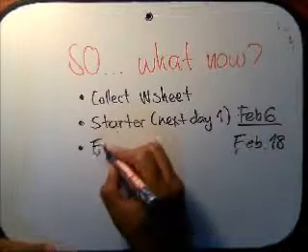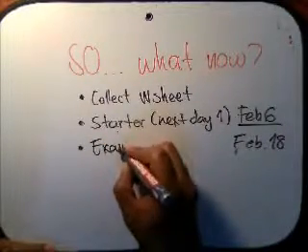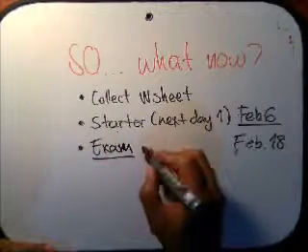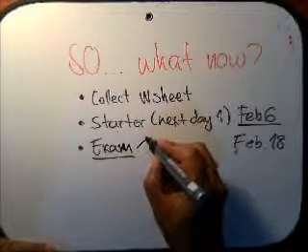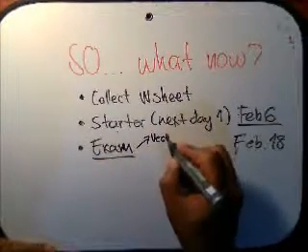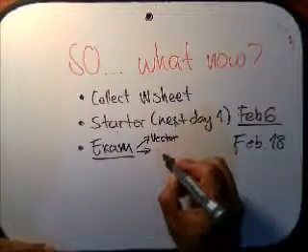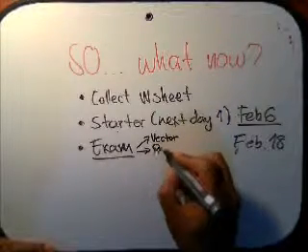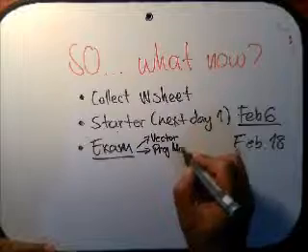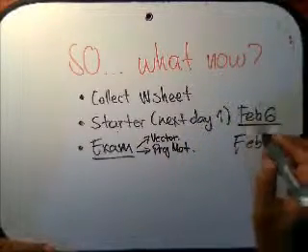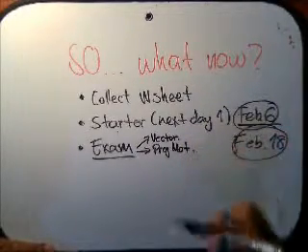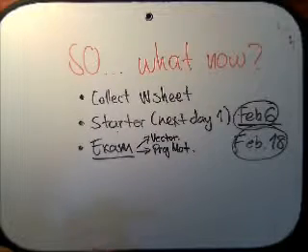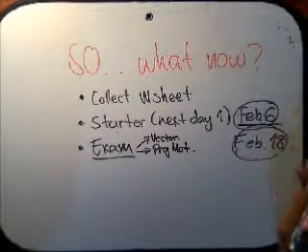We're going to have an exam that will cover vectors and everything related to projectile motion. I'm doing this because I want you to write down these 2 dates so you remember, right? This is going to be in Phidias.